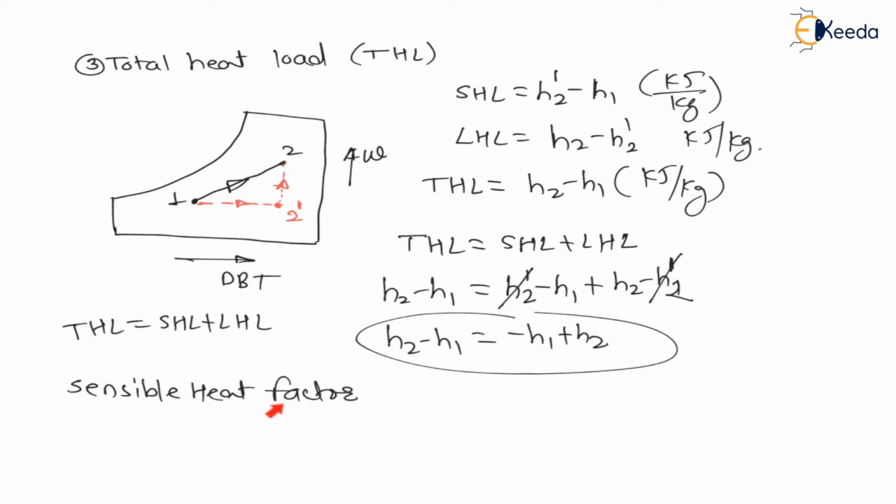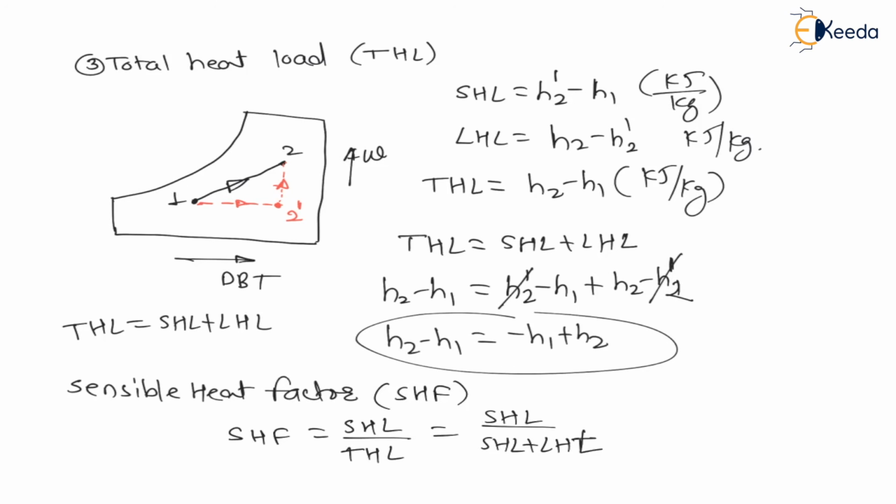That I have already explained, right? Now this sensible heat factor is represented by SHF, and it is nothing but sensible heat load divided by total heat load. That means it is a ratio of sensible heat load divided by sensible heat load plus latent heat load. This is called sensible heat factor.